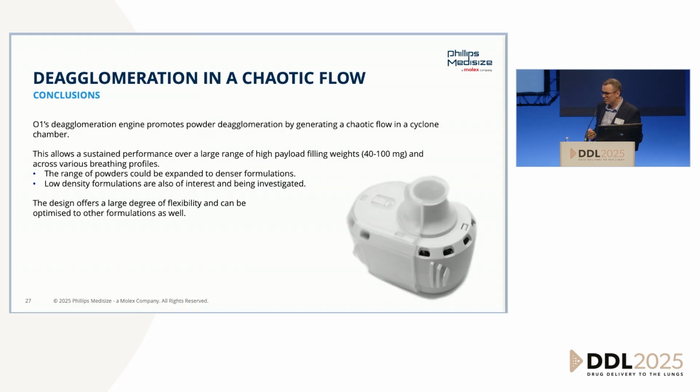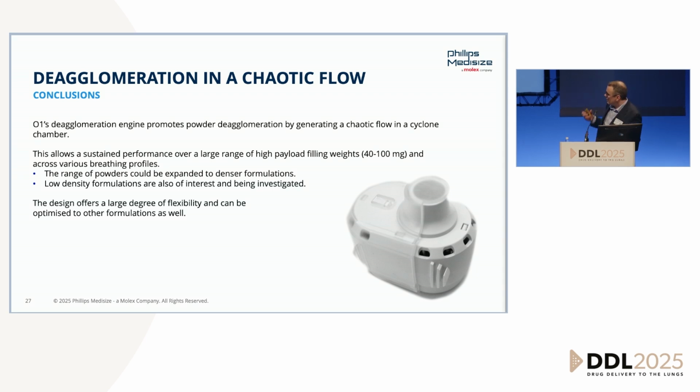So to conclude, what we've seen in this presentation is a deagglomeration mechanism that relies on the chaotic dynamics of a cruciform ball in a cyclonic chamber. This has several beneficial effects on deagglomeration by introducing shear, by promoting impact of particles against the walls, but also by helping the recovery.